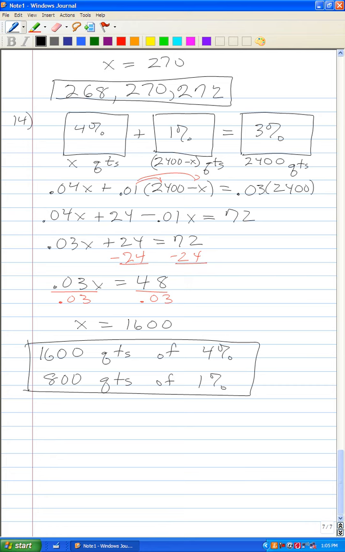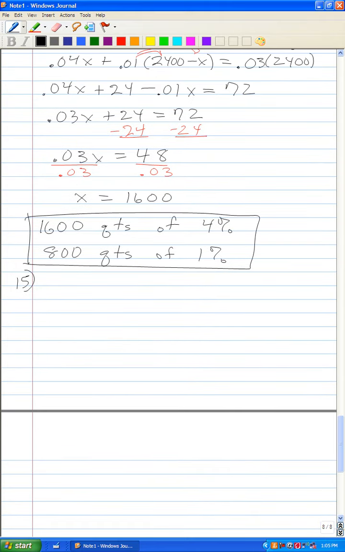15. A plane traveled 2,520 miles. And so you have a plane here, and it's going to be traveling a total distance here of 2,520 miles with the wind.